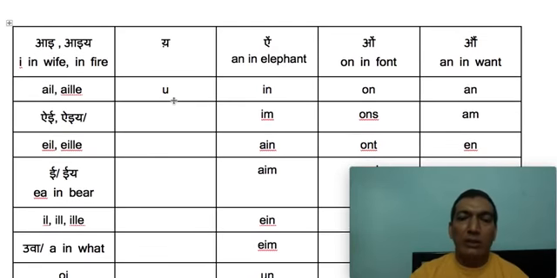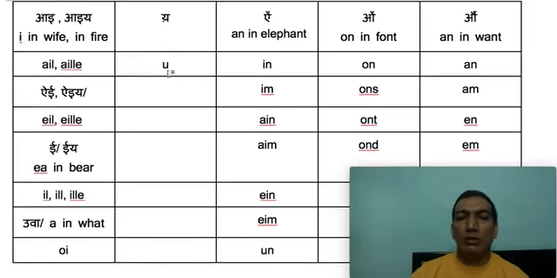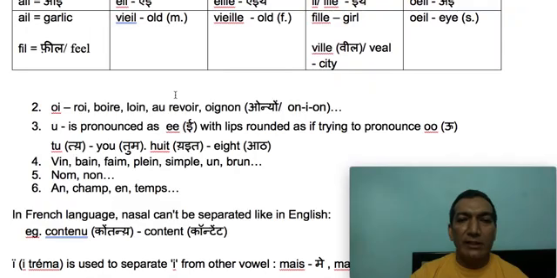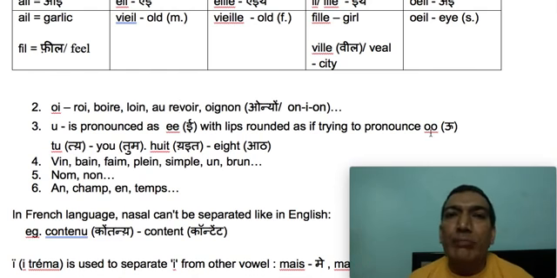Then the letter u, as I told you just before that I will teach you how to pronounce it. So I have written how to pronounce it. U is pronounced as e with lips rounded, as if trying to pronounce u. Okay, so just look at my lips. Oo.